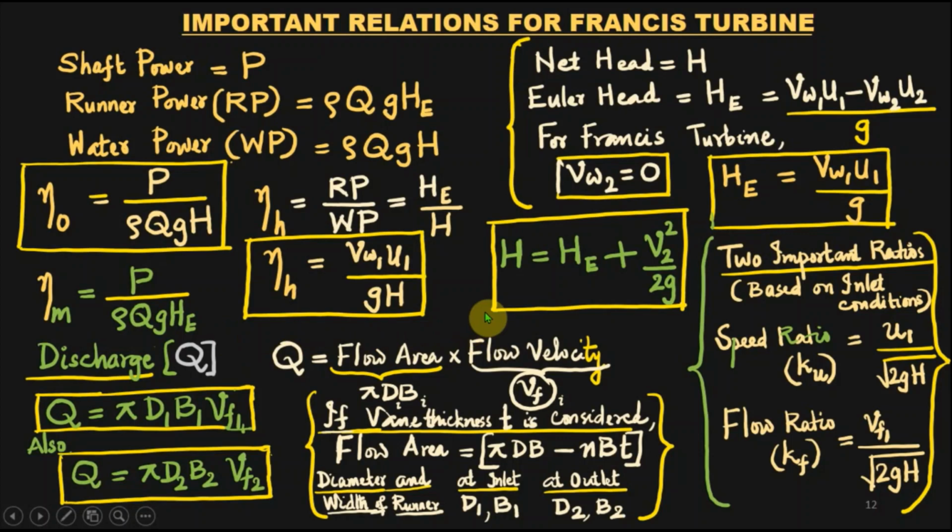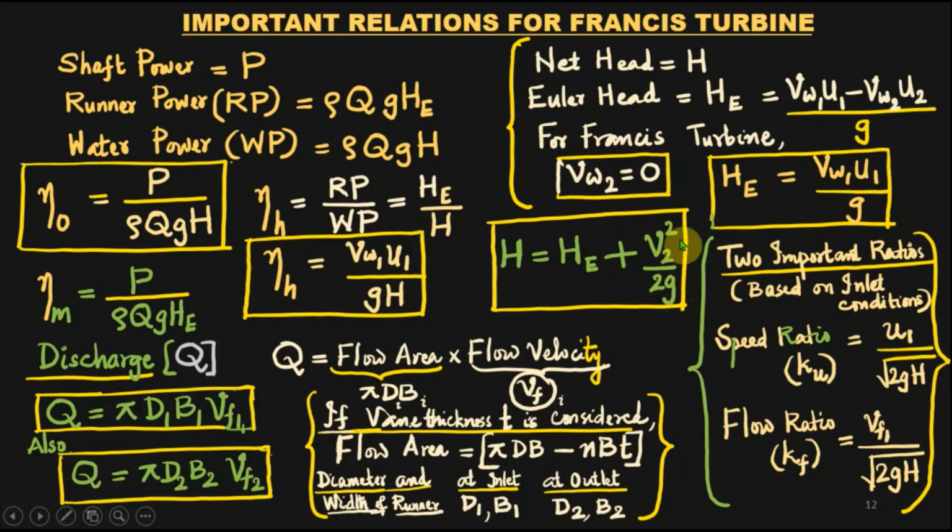Now another important equation applicable in the case of reaction turbines is this one, that is net head is equal to Euler head plus the velocity head at outlet of the runner. So at outlet of the vane of the runner, we have the absolute velocity of the jet V2.